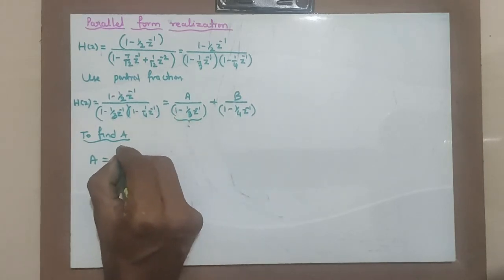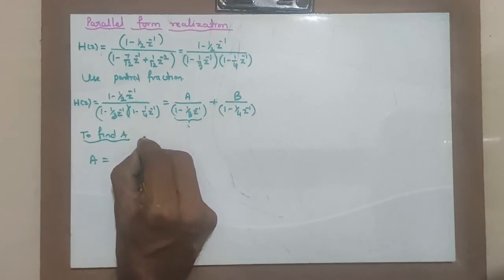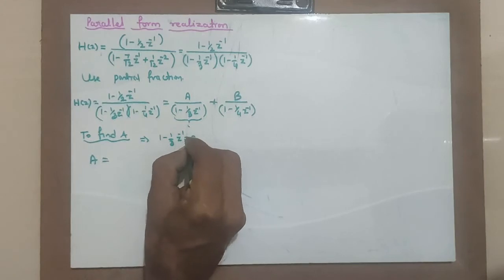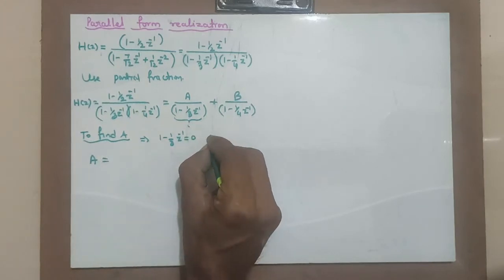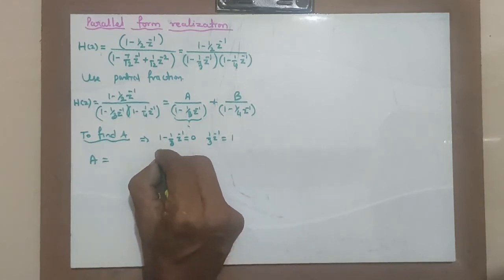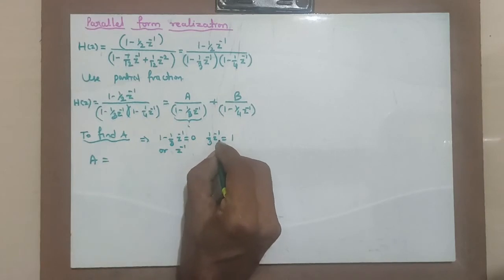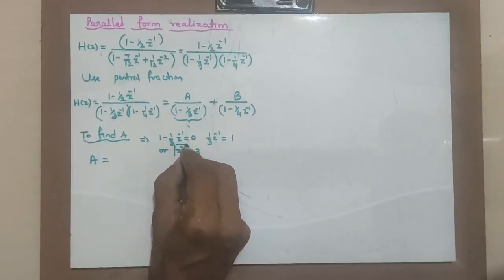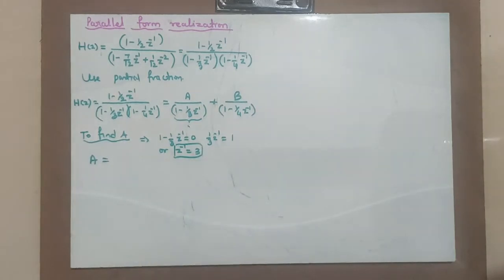That means to find A, 1 minus 1 by 3 z raised to minus 1 must become 0, or 1 by 3 z raised to minus 1 must become 1, or z raised to minus 1 becomes 3. Z raised to minus 1 becomes equal to 3, hence you have to substitute for that.